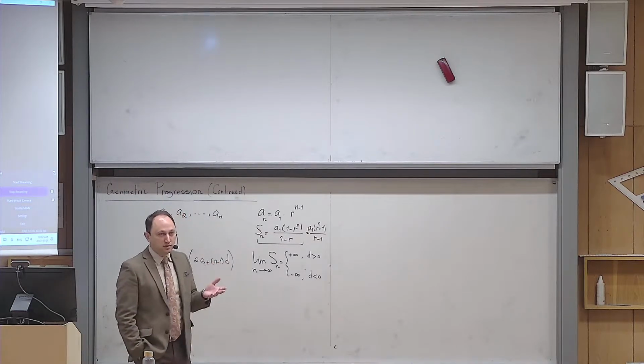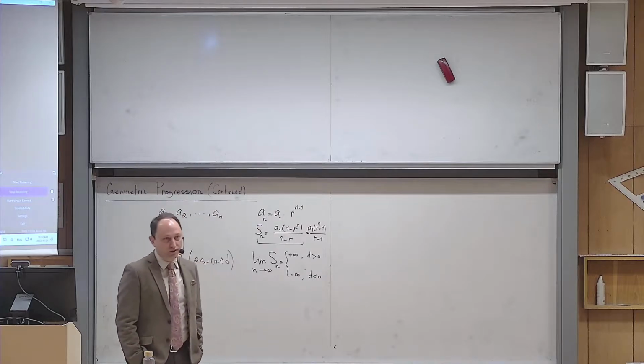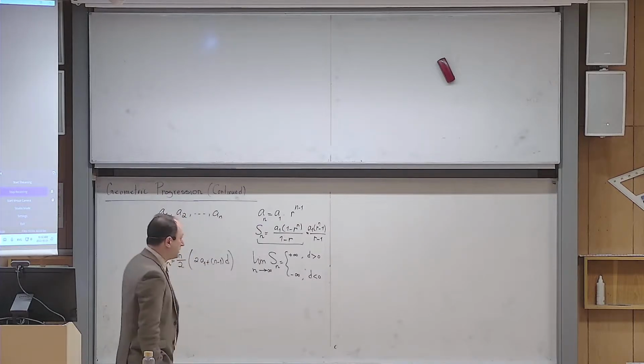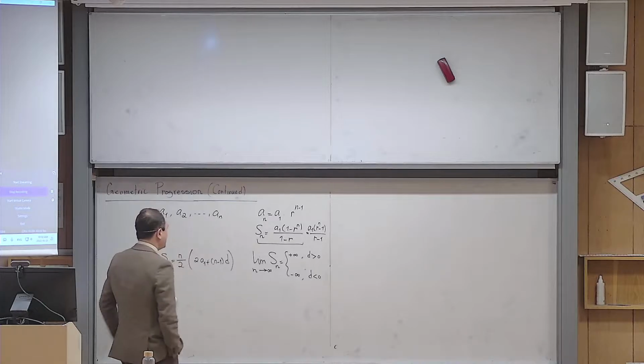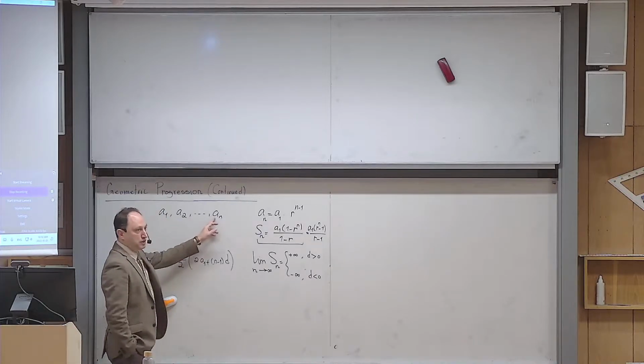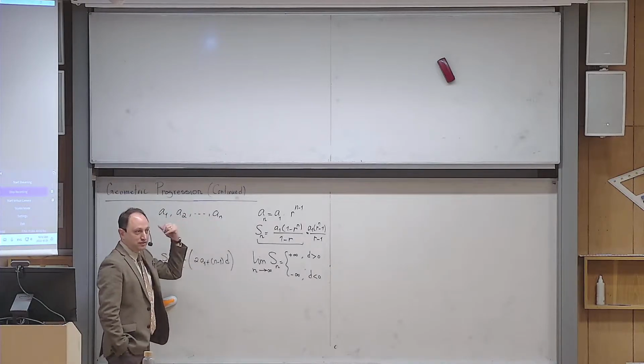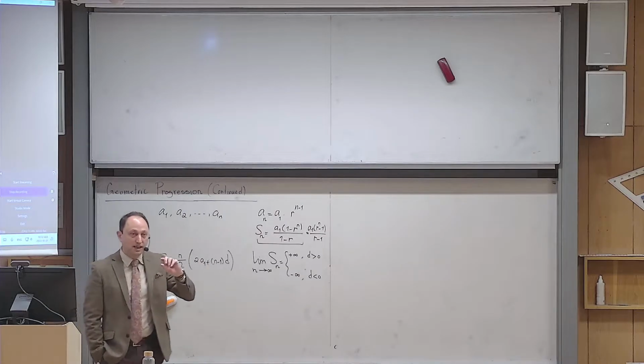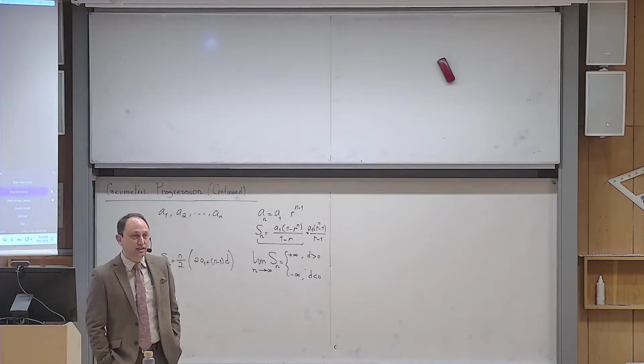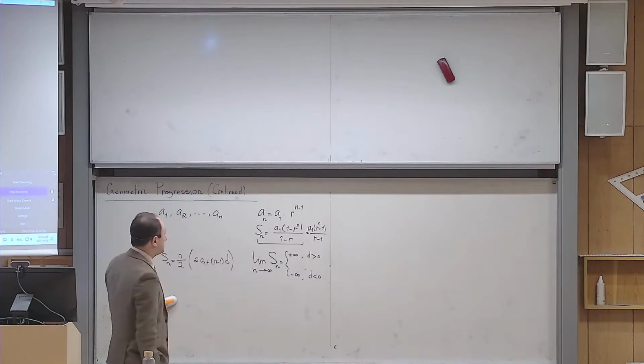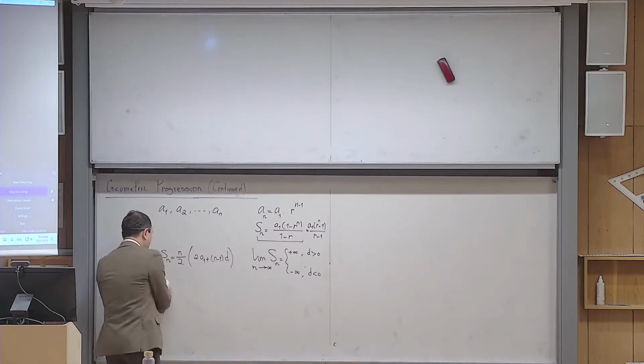You might think that is also the case for geometric progression. I don't know, do you have any idea? So if I have a geometric progression, by the way, the terms in a geometric progression grow even faster, yes? But they grow faster if r is what? Can you tell me?